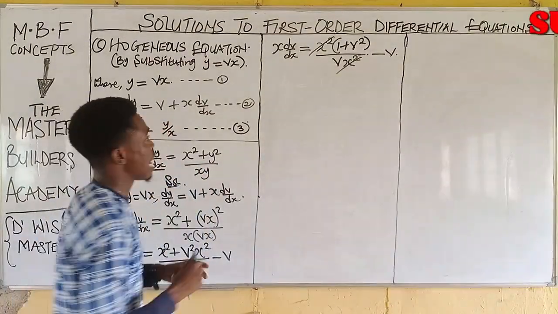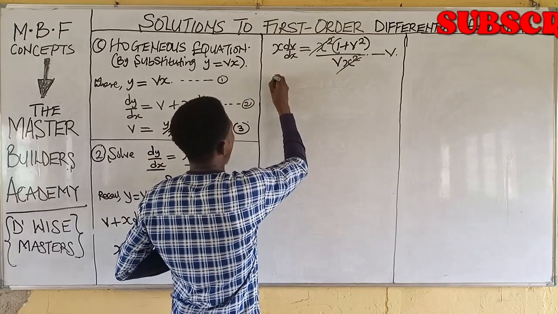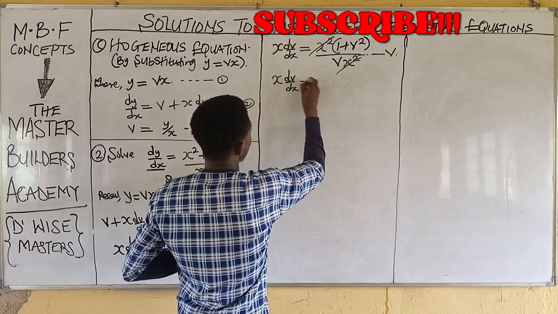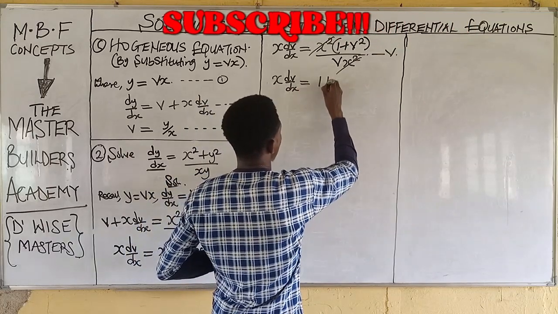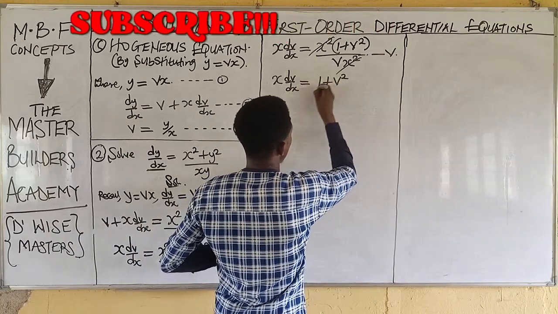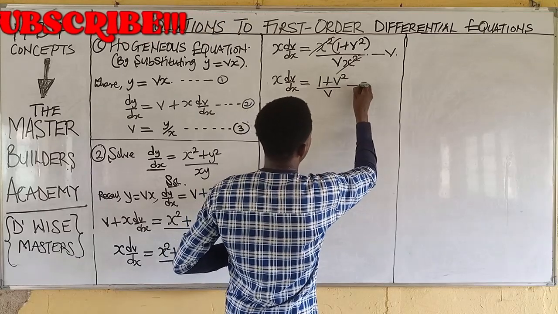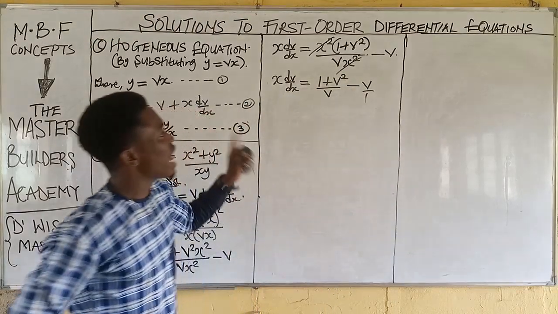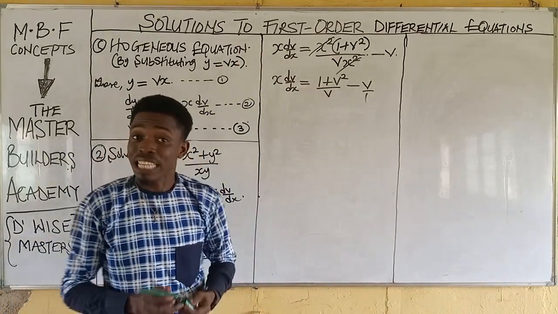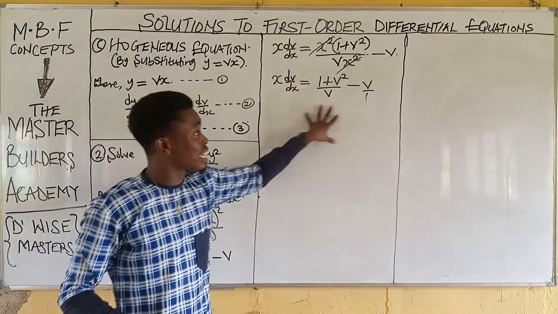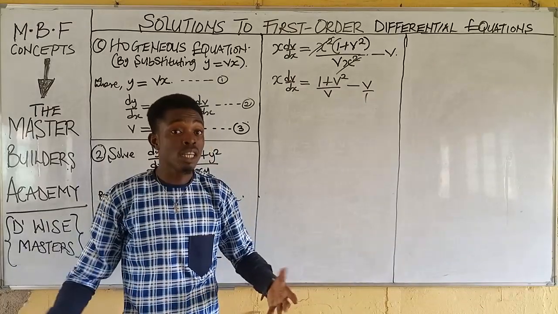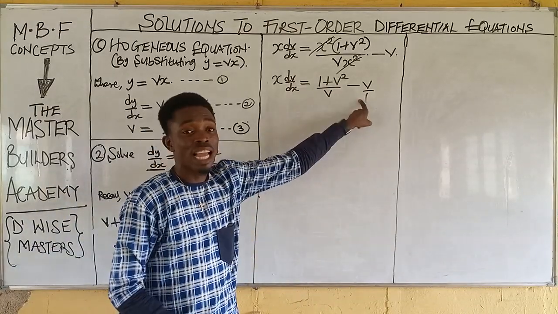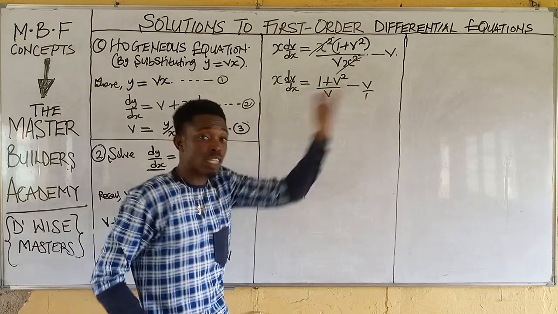Are you there? Now if this is understood, then we have x dv over dx is equivalent to 1 plus v squared over v minus v over 1. Now we have eliminated x from the right hand side, leaving only the right hand side to be in terms of v only. All we need to do is to simplify. Now understand that the LCM of the denominators v and 1 is v.